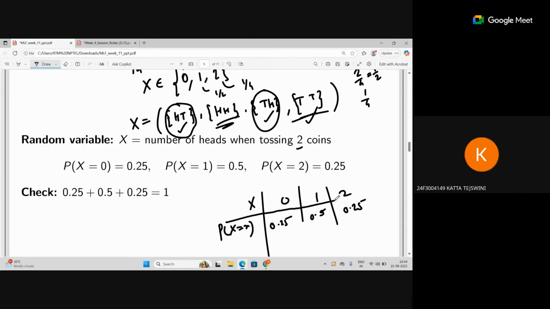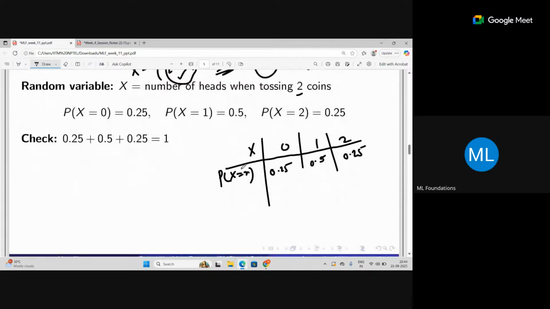Sir, how did 0, 1, 2 come? Okay, if I want to find the number of heads when tossing 2 coins, what are the outcomes? HT, TH, HH, and TT, right? If the number of heads x equals 0, that means no heads.